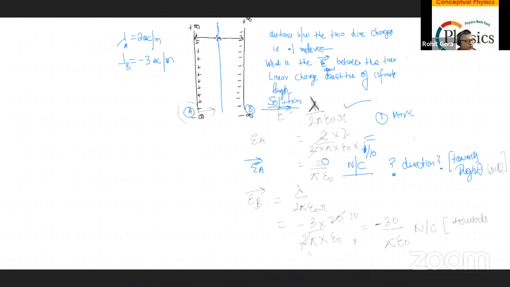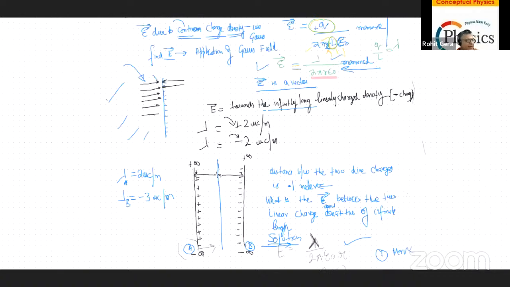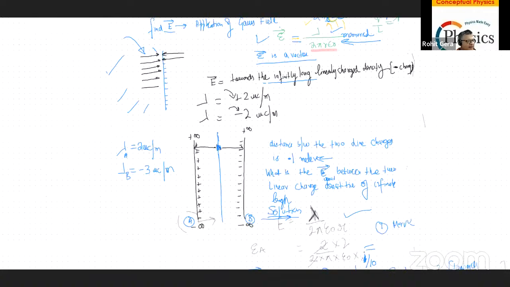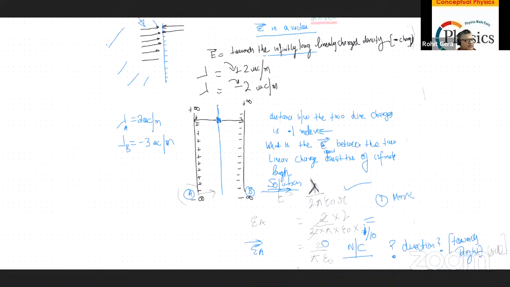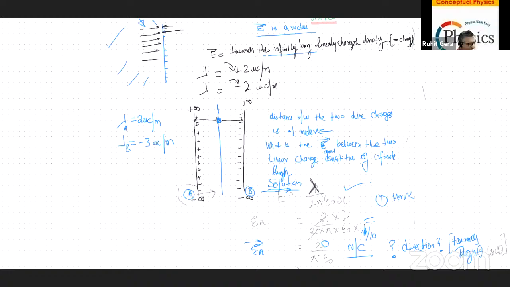So which means what? Towards the center or away from the center? Because you're finding the E here. So due to the negative charge, the electric field is in which direction? Towards the center or away from the center? Or you said A and B, right? Towards B or towards A?